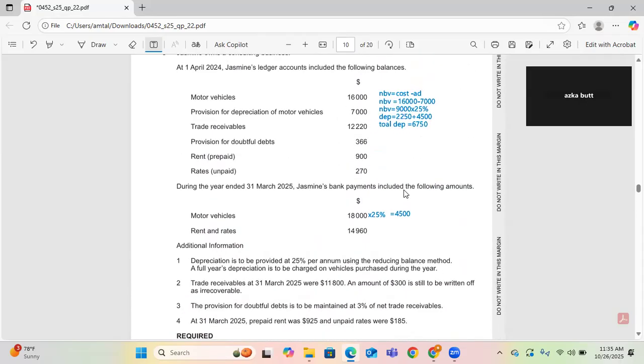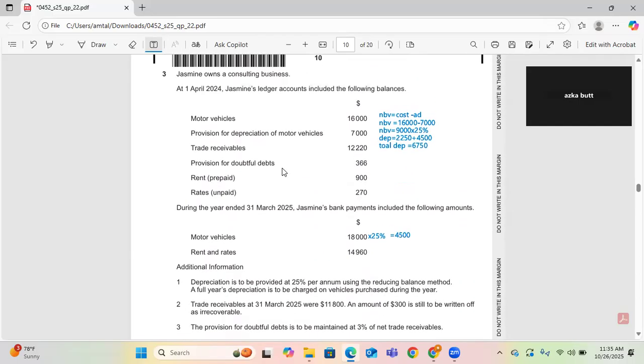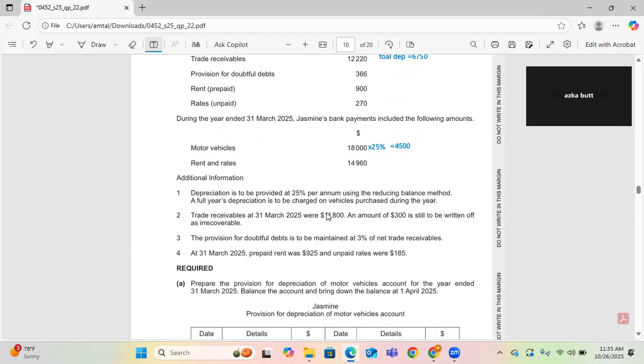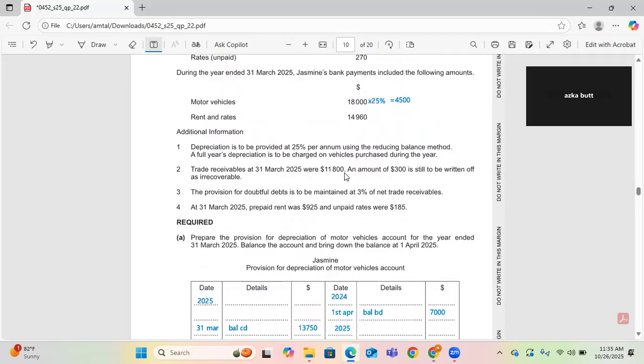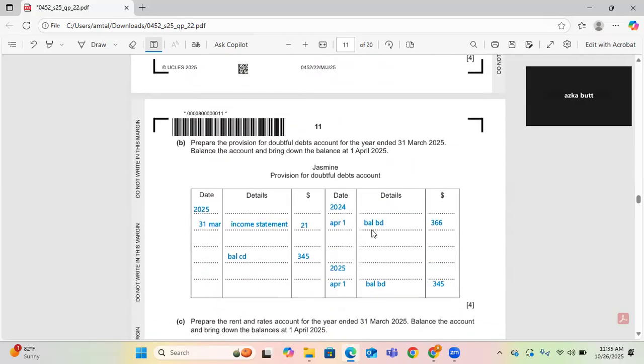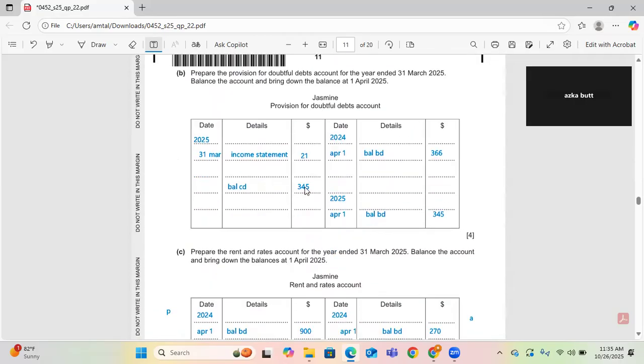Why? Because the total trade receivable was 11,800 and 300 was the bad debts. So the remaining net trade receivable was 11,500 and we need to deduct the provision. The current provision is 345.